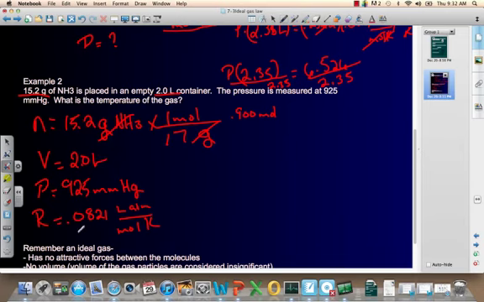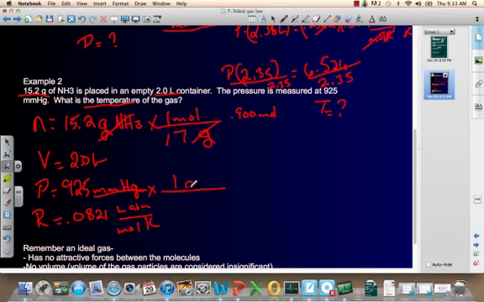My liters are fine, my moles are fine, I've already converted to that. I'm looking for my temperature. It's asking for the temperature. Now, I do have a problem though. Pressure is given in millimeters of mercury, and I need it to be in atmospheres, because remember, everything has to match with that constant right there.